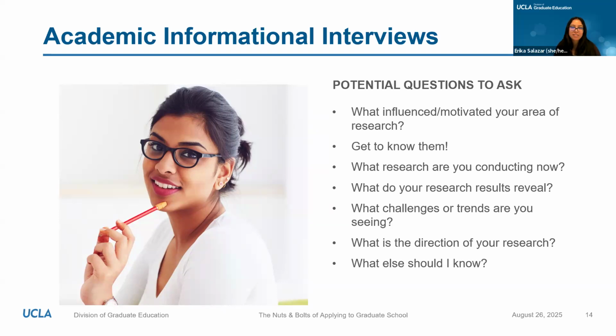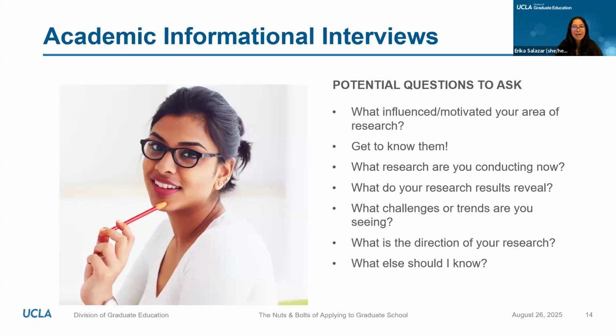Here are a couple of questions that you can ask faculty when doing an academic informational interview. What influenced or motivated your area of research? You want to get to know them. Besides being faculty and academics, they are also human. So you can connect with them further by learning a little bit more about who they are and what got them into academia.